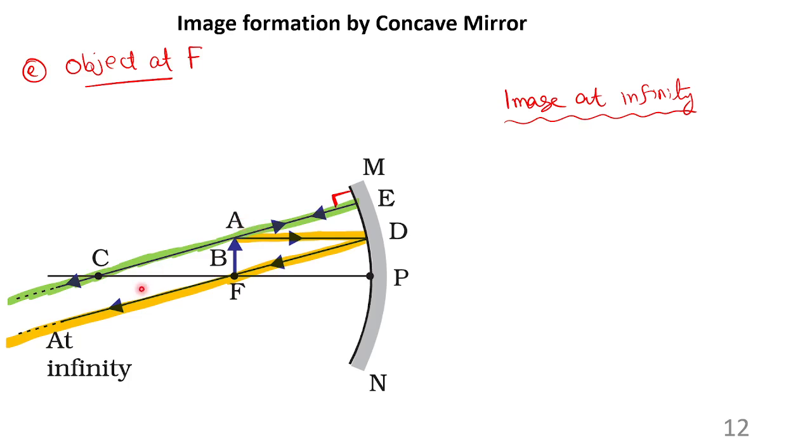So you will not be able to find A dash. Without A dash, B dash, no image. So we can say only this much. Image at infinity, we cannot say whether it is inverted, enlarged, nothing can be said about the image. We can only say that the image is at infinity. Practically speaking, no image, understood. In simple language, we say that the image will not be formed.